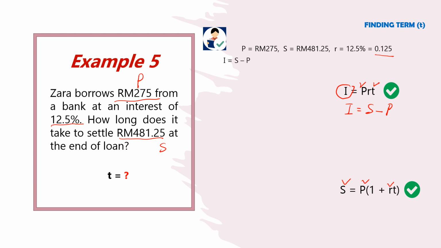Find I first, which is S minus P, 481.25 minus 275. So the interest is 206.25.